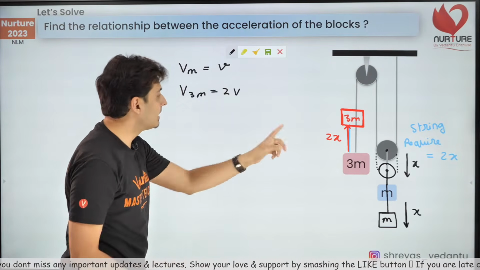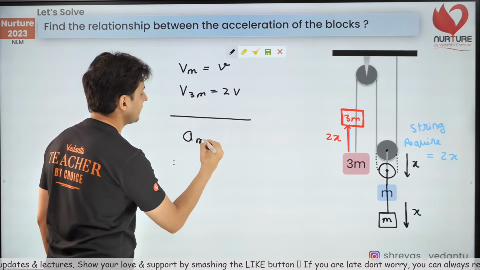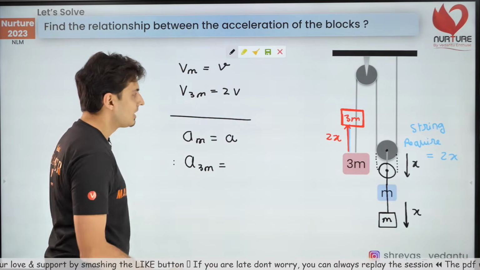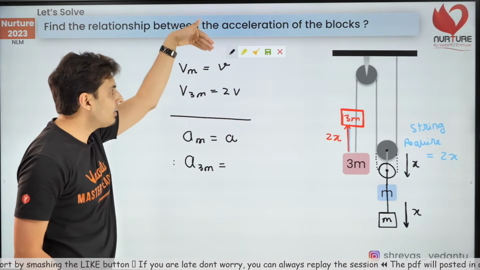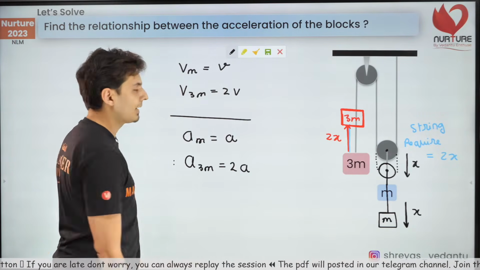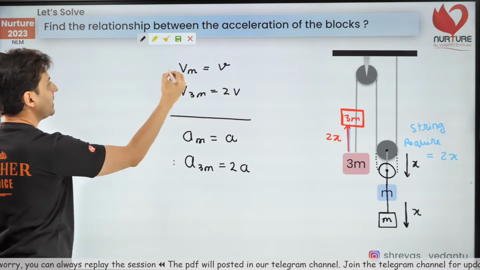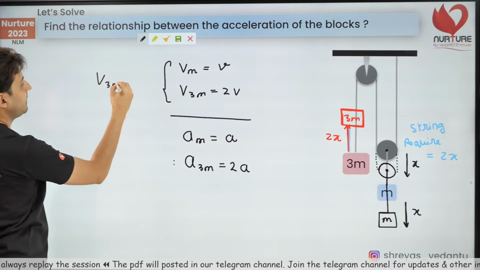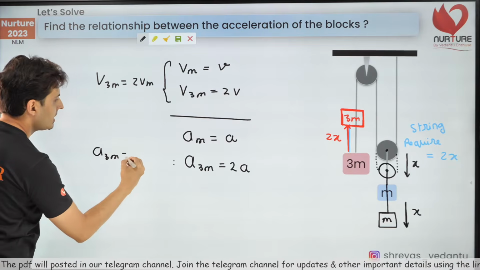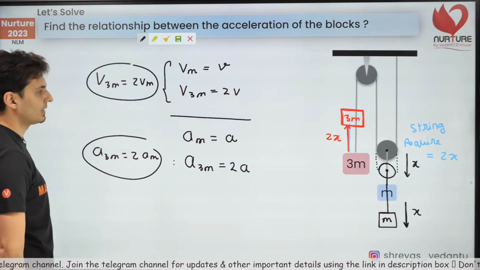Similarly, if the acceleration of m is a, what will be the acceleration of 3m? Because the velocity of 3m is double, the acceleration of 3m will also be double, 2a. So v3m is 2 times vm, and a3m is 2 times am. So this is the answer.